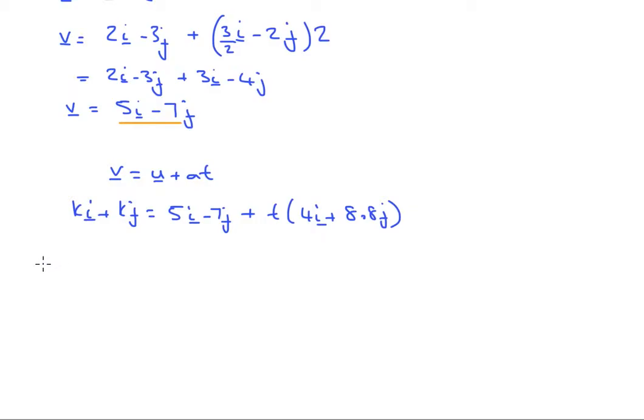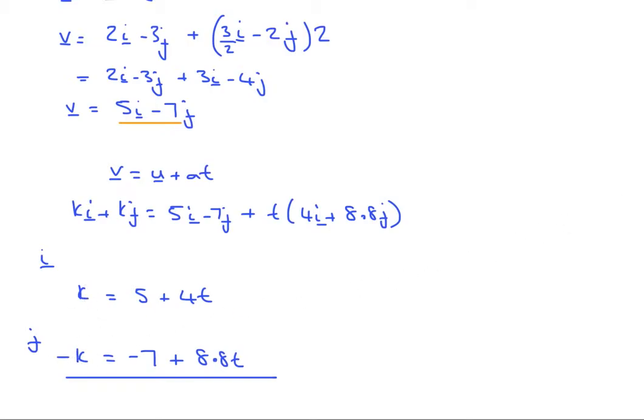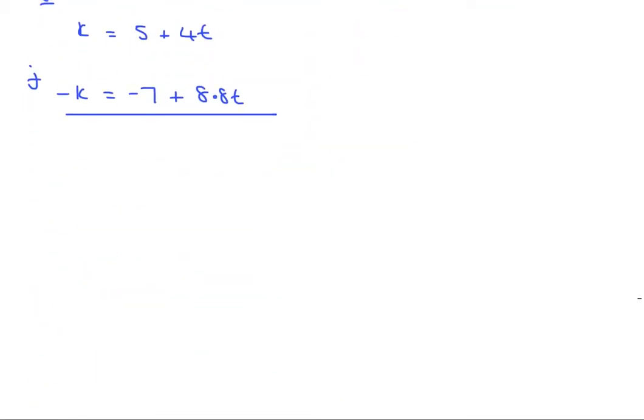So if we look at the i components first, then we'll have that k needs to equal 5 plus 4t, and if we look at the j's, we're going to have that k needs to equal minus 7 plus 8.8t. If we subtract those equations, the k's will disappear.